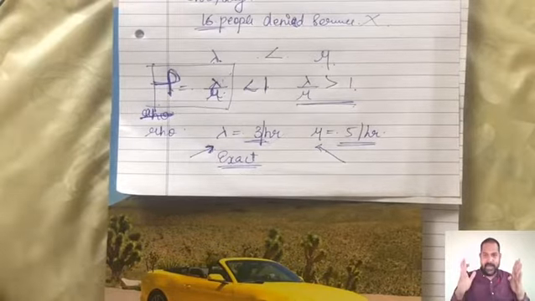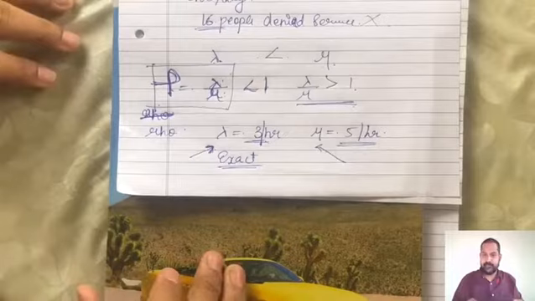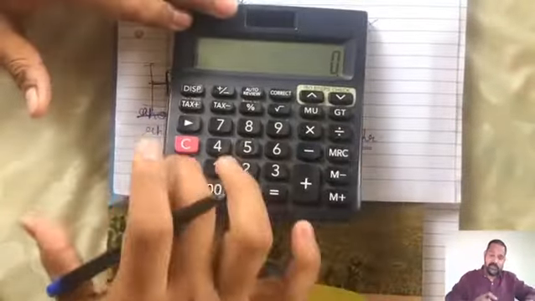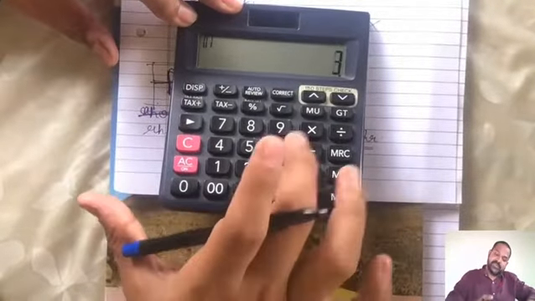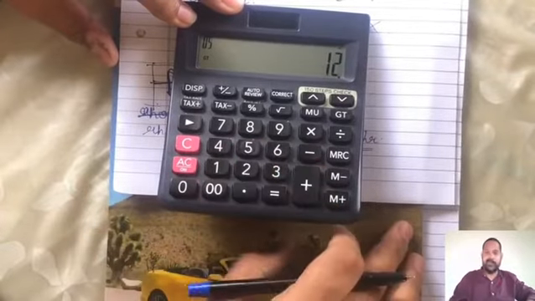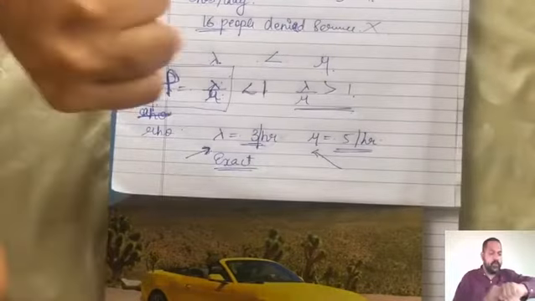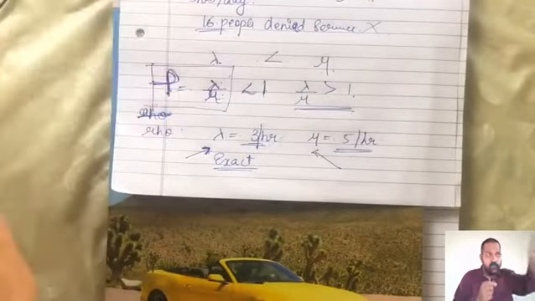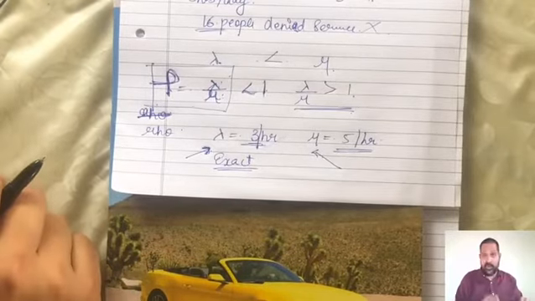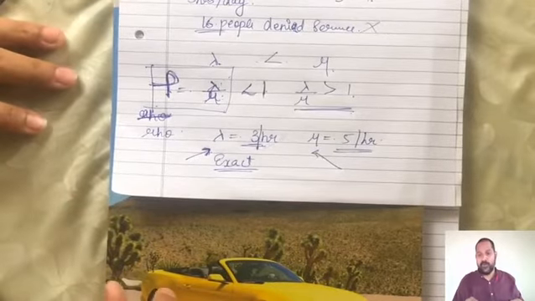So let's say 15 people came in a total span of 3 hours. 3 hours is 3 into 60, which is 180 minutes. 180 minutes divided amongst 15 people is 12 minutes per person. So are you trying to tell me that you were looking at your watch and at 12 minutes the first person walked in, exactly another 12 minutes the second person walked in, exactly another 12 minutes the third person walked in? That is not how it works.